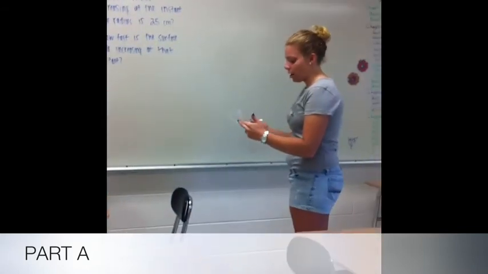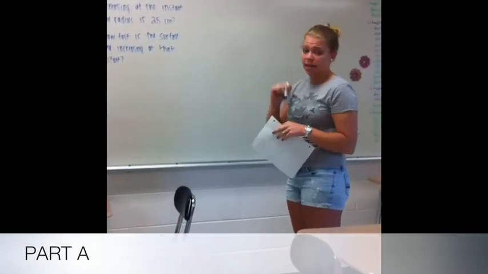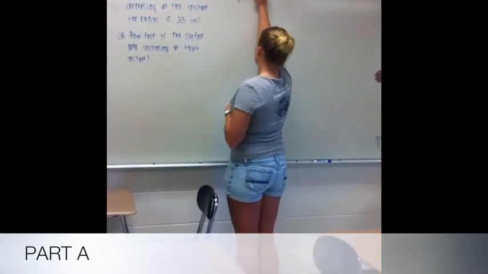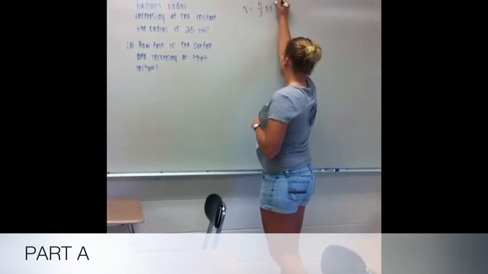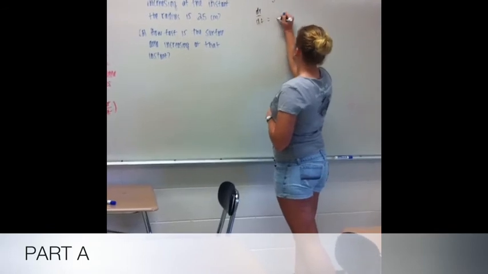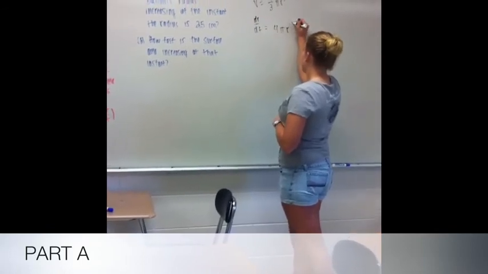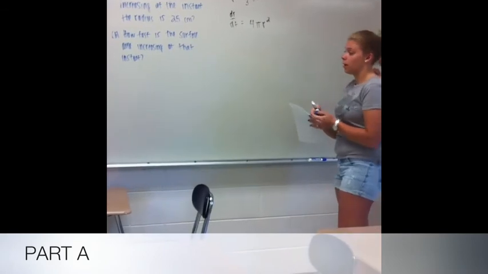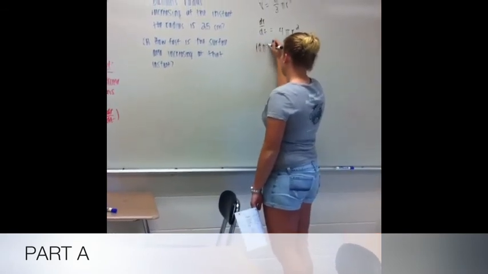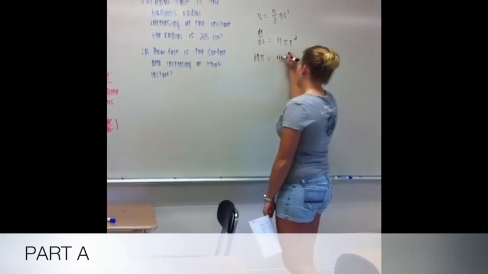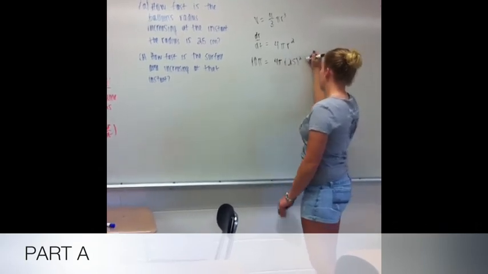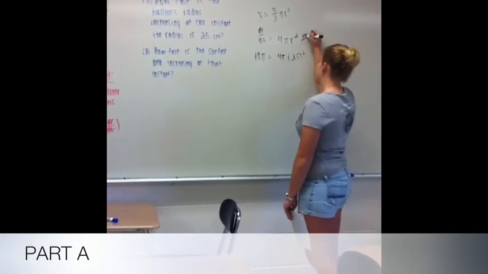So how we're going to start is we're going to take the volume equation and take the derivative to find the rate. Since volume is equal to 4/3 pi r cubed, multiply out and you get dV/dt equal to 4 pi r squared. Then plug in what you know: dV/dt is 10 pi, and that's equal to 4 pi, and then the radius, which is 25 squared, times dr/dt at the end.